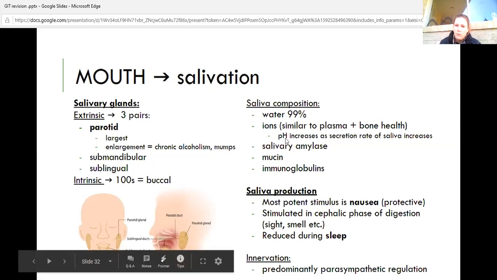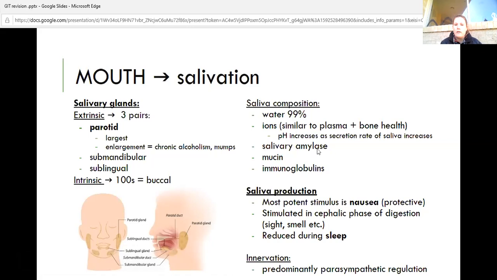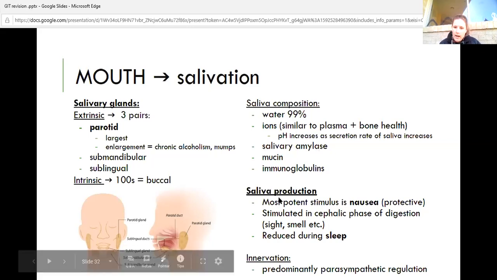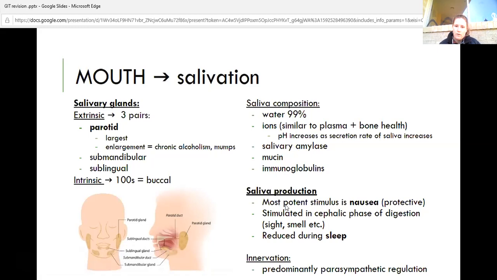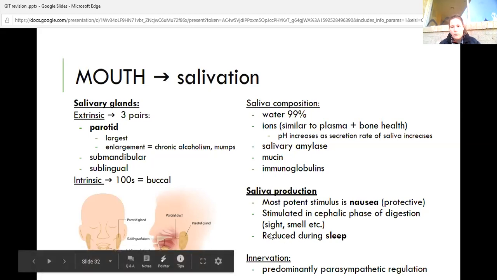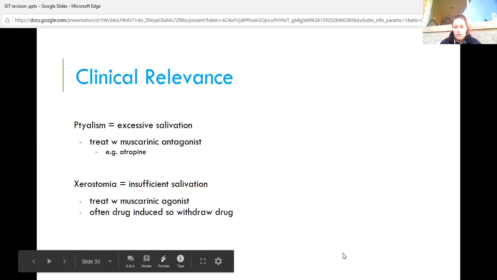What is saliva? Mostly water with a few other things, including salivary amylase, which starts the digestion process right from the start. And the most potent stimulus to produce saliva is nausea, because it's going to protect your mouth from the acidic gastric contents. And also saliva is the lowest during sleep, and it's usually parasympathetic innervation.